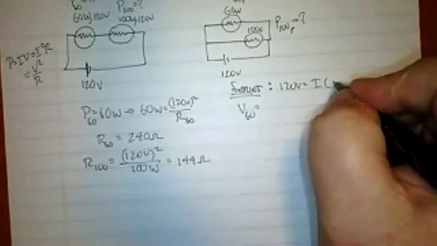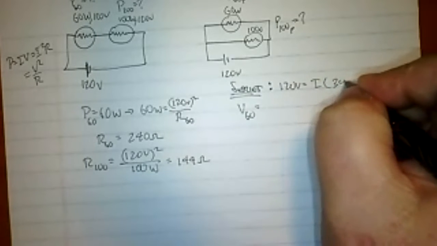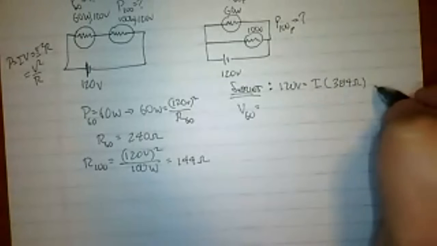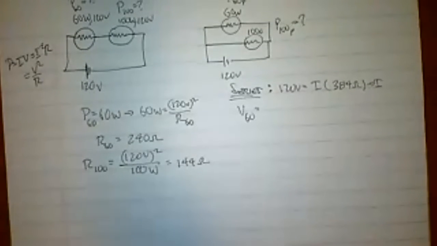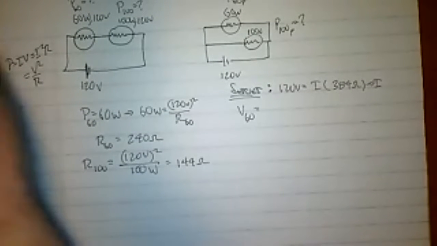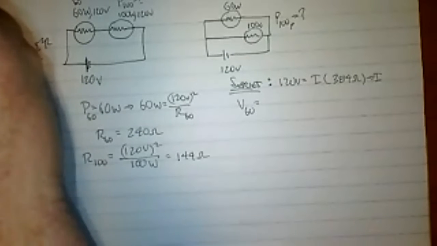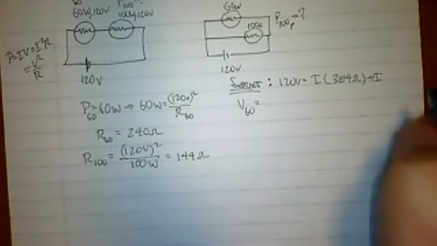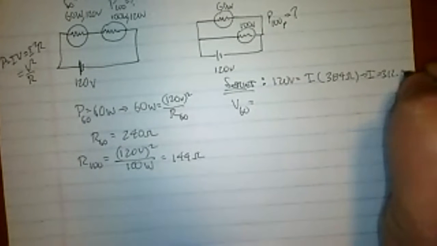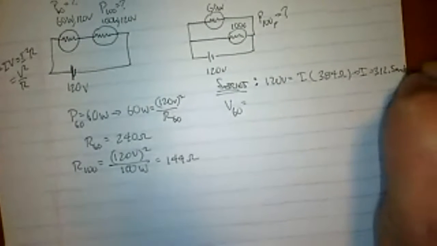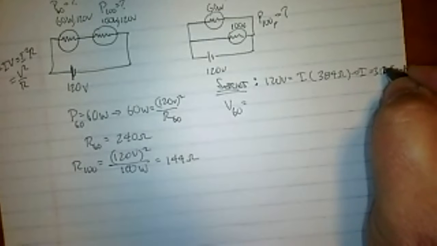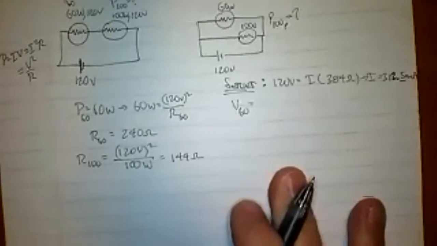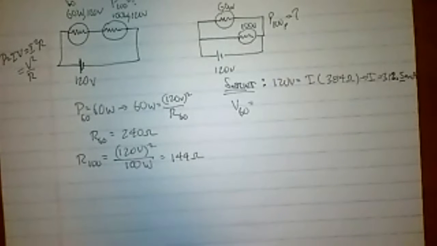That'd be what, 388, 384? Because they're in series, right? So 384. So I is equal to 120 divided by 384. That equals 312.5 milliamps. That's obviously one extra sig fig, but that gives us what we need.